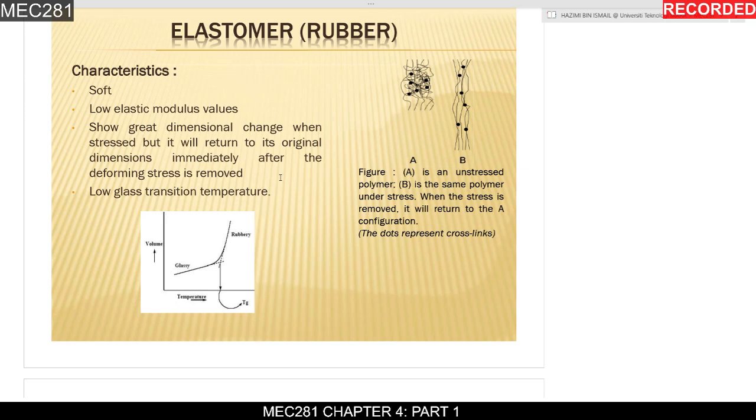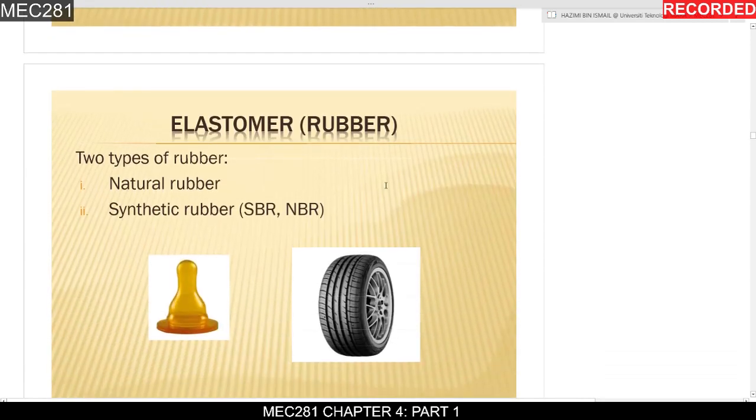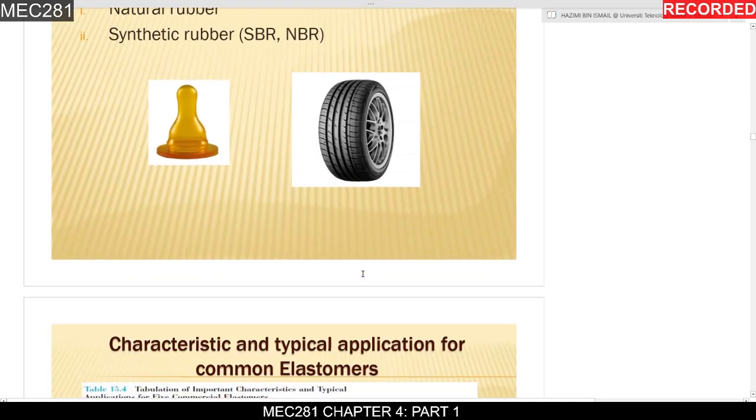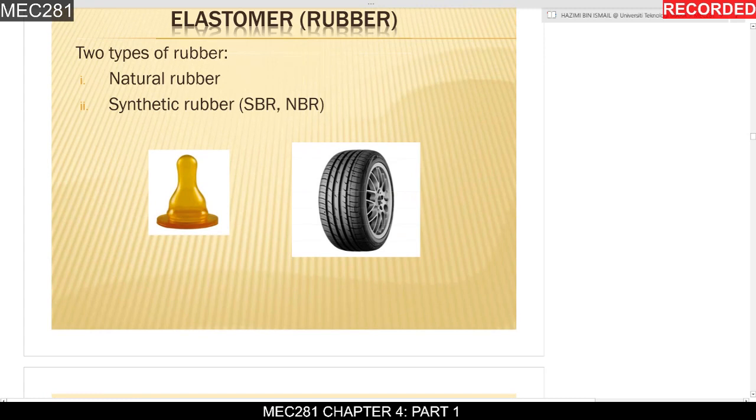Itu sebab dia ada elastic properties. Okay. Types of elastomers: natural rubber and synthetic rubber. Betul kan? Kita compress ke, kita tarik ke, dia boleh berubah bentuk, tapi dia akan kembali ke bentuk asal dia. Itu kita panggil dia sifat elastik.